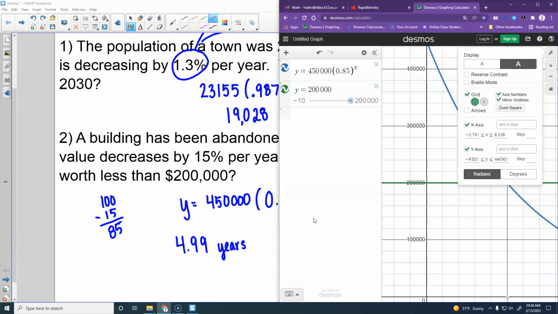Oh, that's what you did. Hit the house button. I mean, it'll still give you the answer if you see where they cross, but hit the house button so yours will look like mine. Hit the wrench and just change that top number to 450,000. You had zoomed out so far, but you really don't need the exact information. Although it still would have worked because it'll show you where they cross. You just can't tell what's happening.